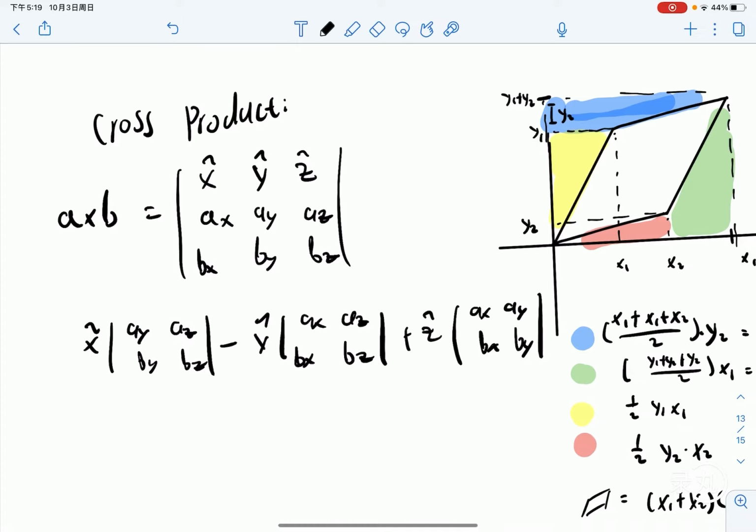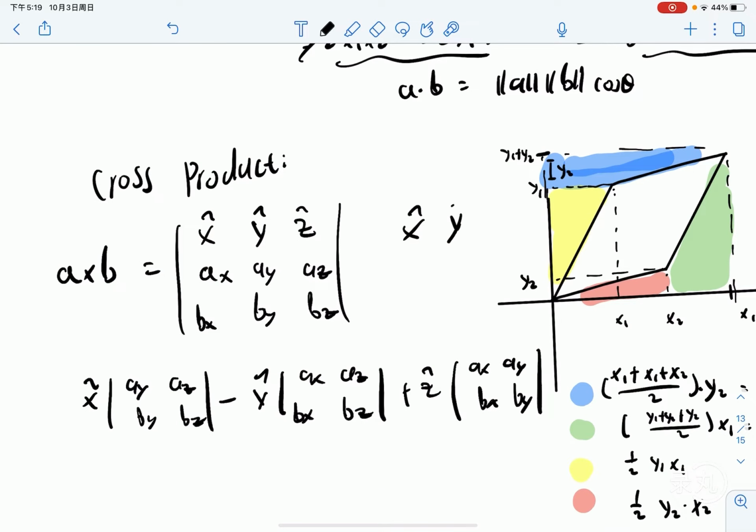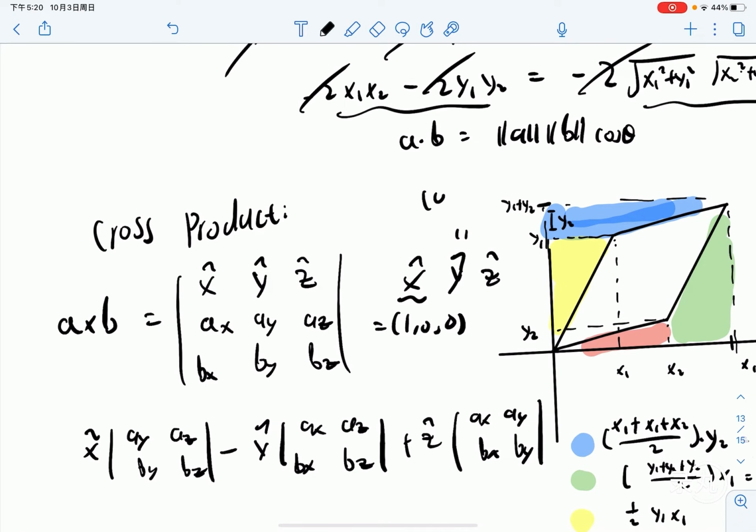And what do I mean by this? X hat, y hat, and z hat are just indicating the direction of a vector, with magnitude of 1. So this term is equal to 1, 0, 0, and this is equal to 0, 1, 0, and this one is equal to 0, 0, 1.